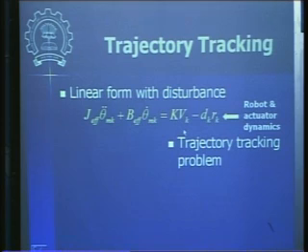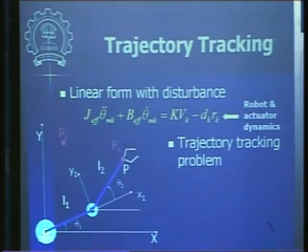Now we'll take a look at what this trajectory tracking problem is again. We had our standard example of a two link manipulator. Recall that. The trajectory tracking problem is to take the end effector from this point PS to this point PF in some predefined trajectory fashion.